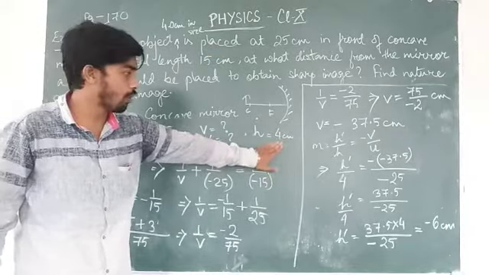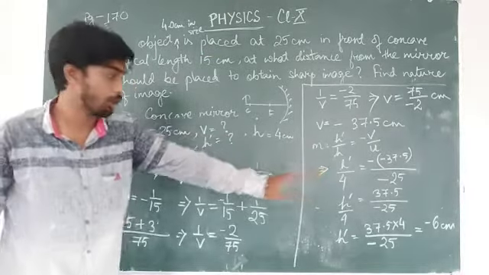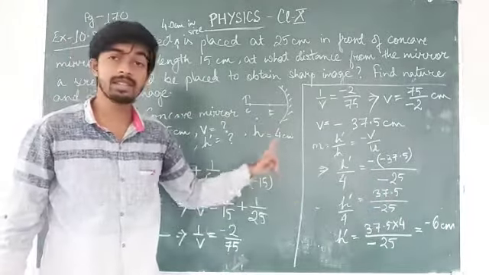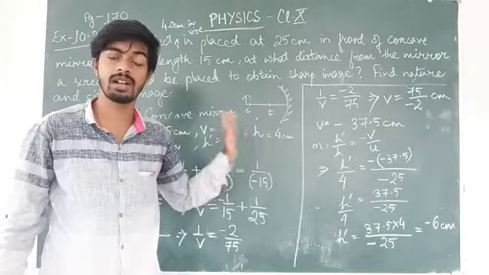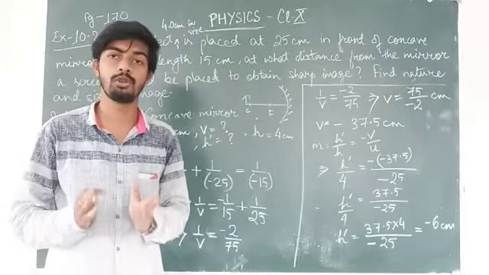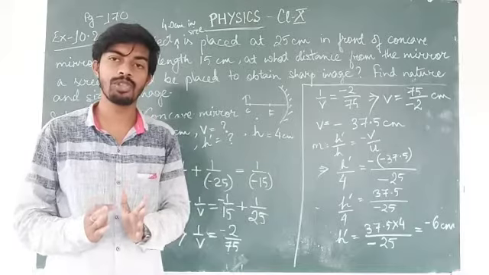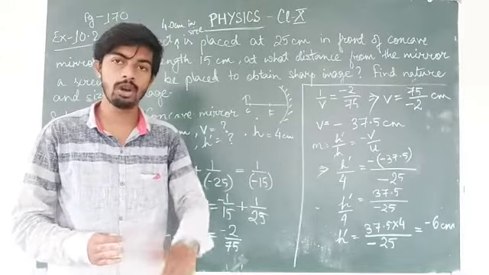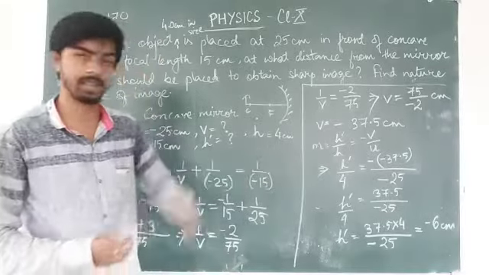Size of the object is 4, size of the image 6. You don't have to consider this minus. I previously also told, minus in this magnification or mirror part does not mean it is a smaller or bigger value. Minus simply shows that the image is to the left of the mirror, or sometimes to the bottom or lower side of the principal axis.